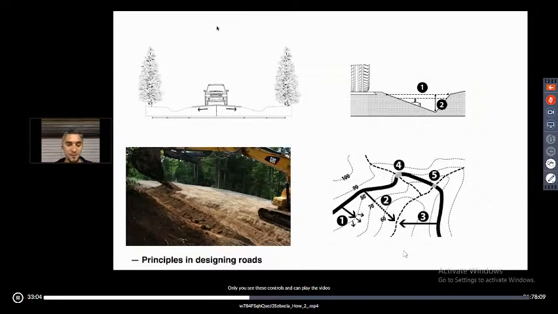So that would be the most important principle: connecting to other water features, and using it to stack other functions as well.